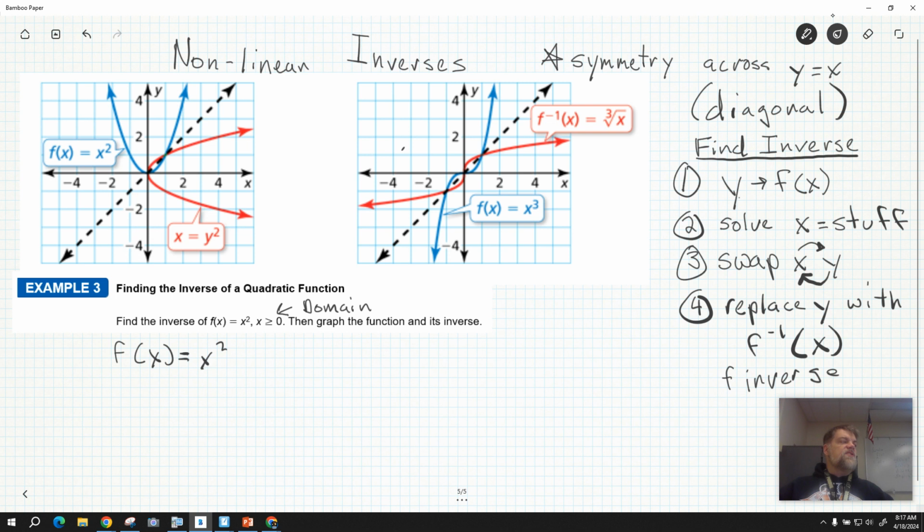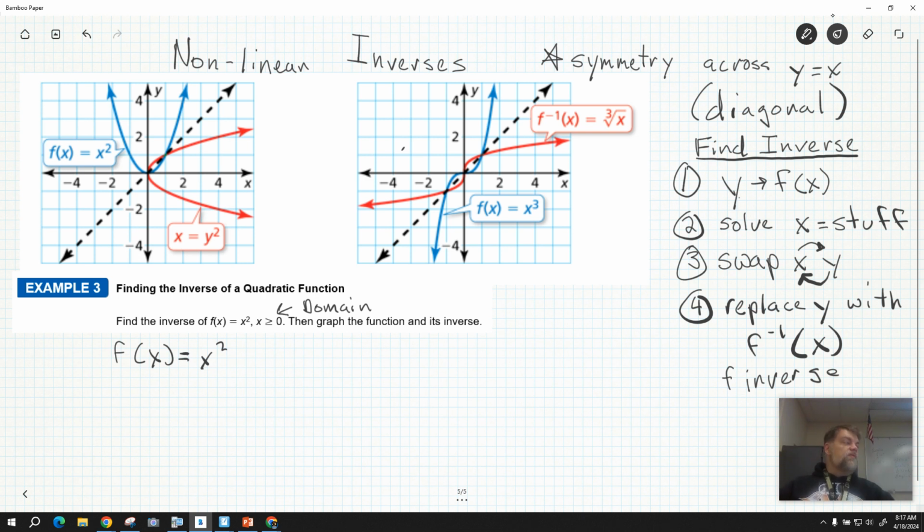So when I'm done with this thing, because they told us, now we look for domain restrictions that happen, but also we can be told a domain restriction. So they're telling us the domain is restricted to x's greater than or equal to 0.